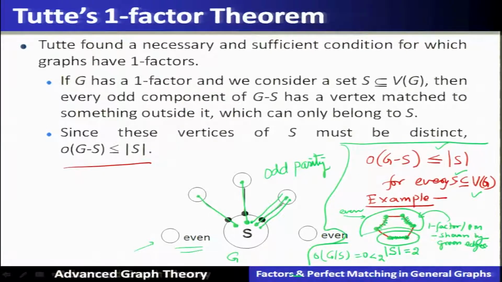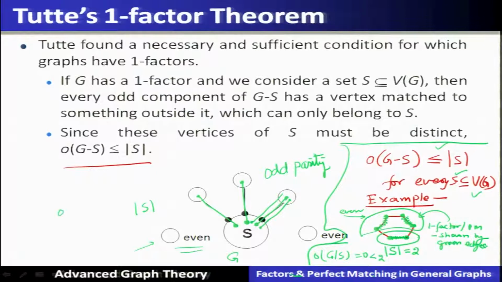So, one vertex from every odd component will have an edge incident on S. So, the size of S will have at least that many elements.